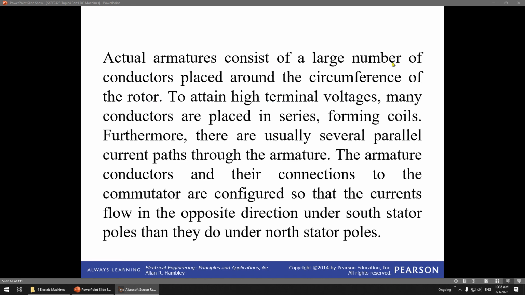The actual armature consists of a large number of conductors placed around the circumference of the rotor. To attain high terminal voltage, many conductors are placed in series forming a coil. Furthermore, there are usually several parallel current paths through the armature. The armature conductors and the connection to the commutator are configured so that the current flows in opposite directions on the south stator pole and the north stator pole.